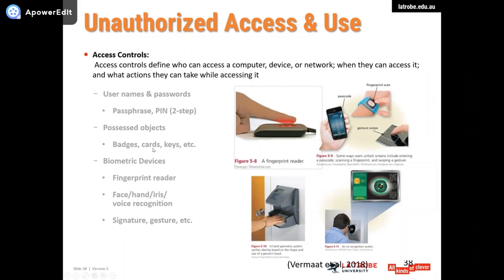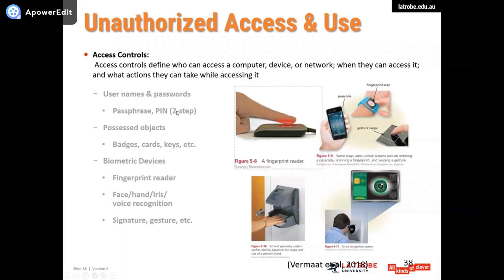The third method is to use biometric devices such as a fingerprint reader, face or voice recognition, or even signature or gesture. This method is, I would say, effective, convenient, and binds the information to the user, because it is hard to steal someone else's fingerprint.